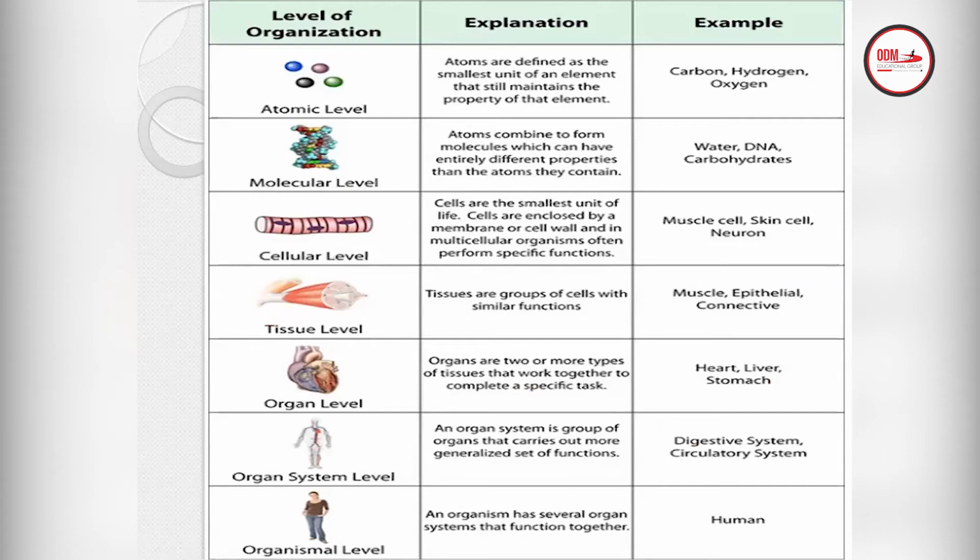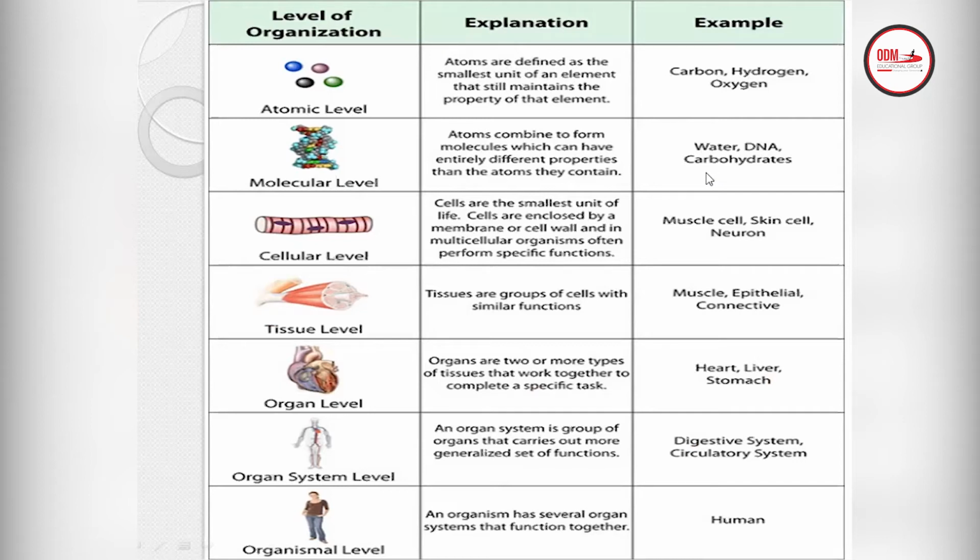Now next is the level of organization. So how does the level of organization occur in a cell and in multicellular organisms? Let us see. First of all, this is the atomic level, in which the atoms are like carbon, hydrogen, oxygen, each having a definite property. Then the molecular level: these atoms like carbon, hydrogen, oxygen combine to form molecules which have totally different properties from the atoms, like carbohydrates such as glucose.